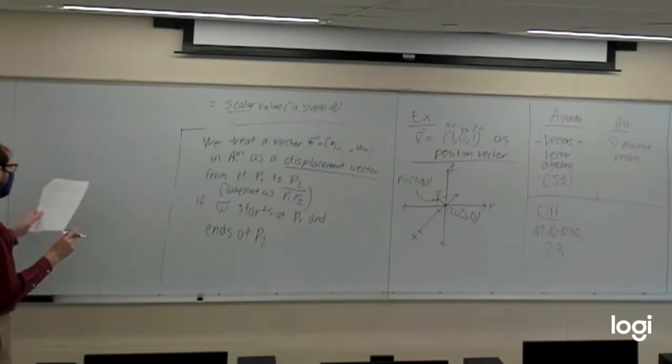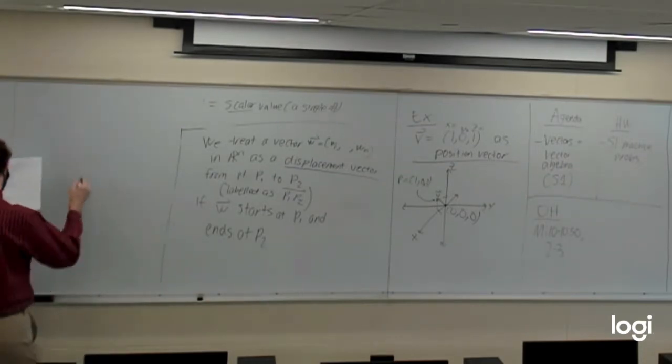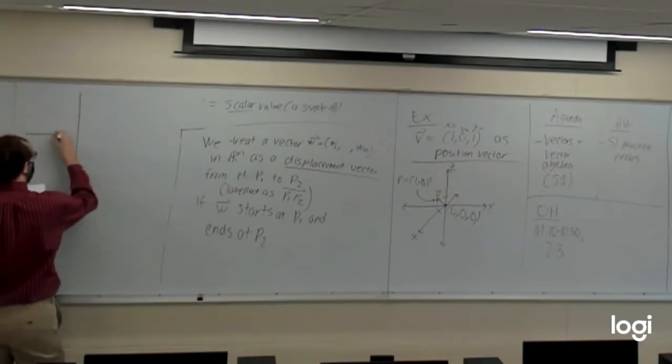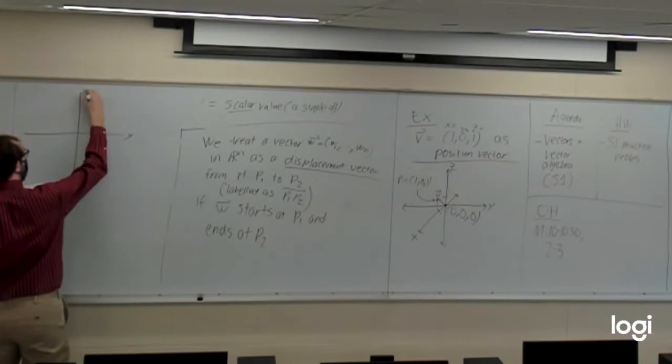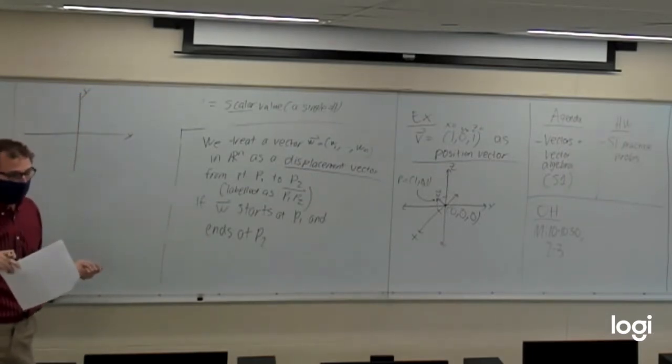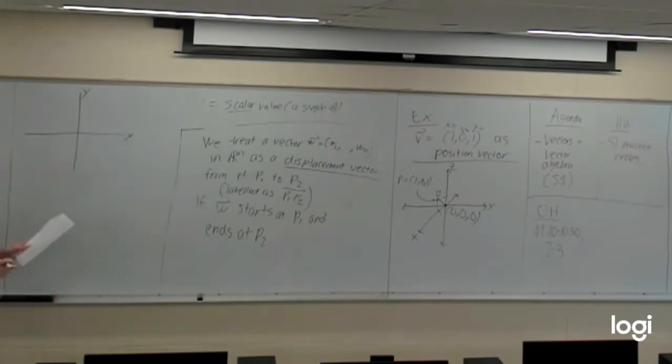So let's look at a two-dimensional example. Now we're going to look at an example in the xy plane. Trying to draw displacement vectors in 3 dimensions is even harder than trying to draw position vectors in 3 dimensions. Let's say we have 2 points.